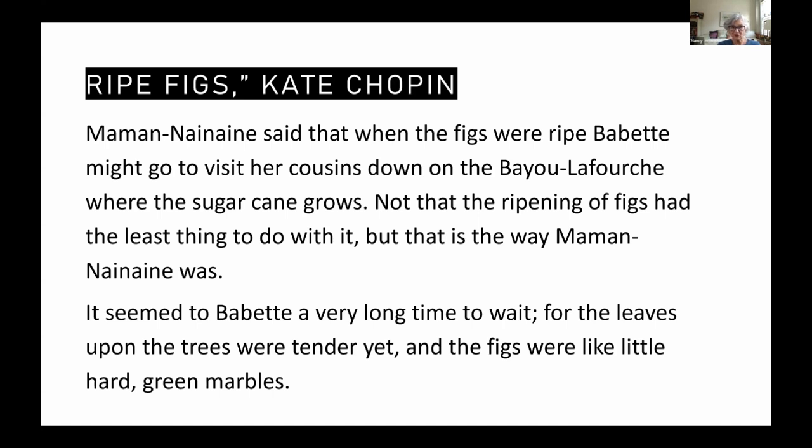So you have here the fig tree, the figs with their little leaves that were still tender yet, and the figs that are going to be nice and plump and ripe in the later summer. You have in that image an image of time reference. You have a lot about the character. We learn a lot about the character Babette there.